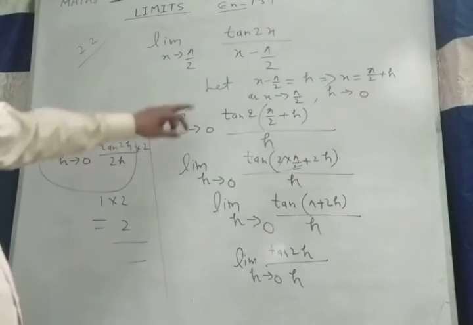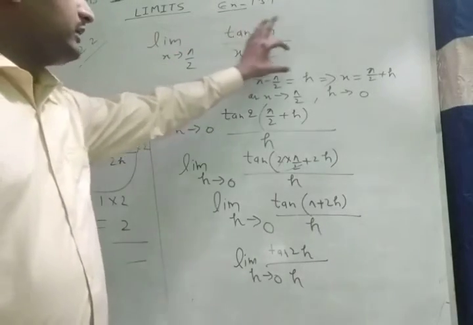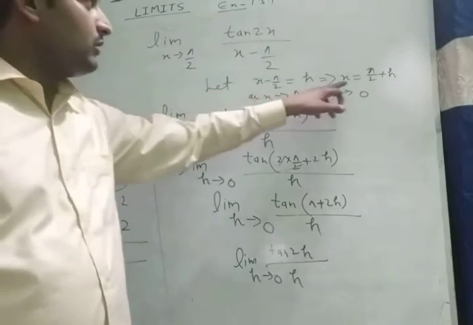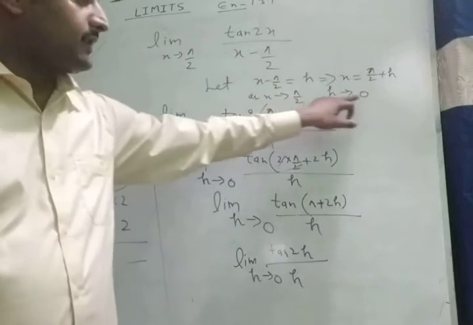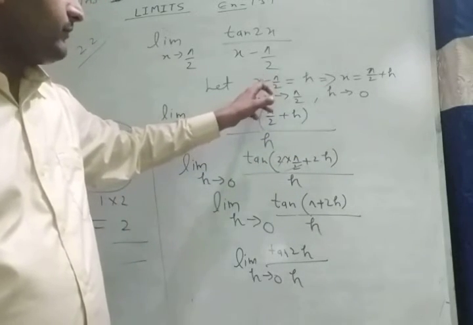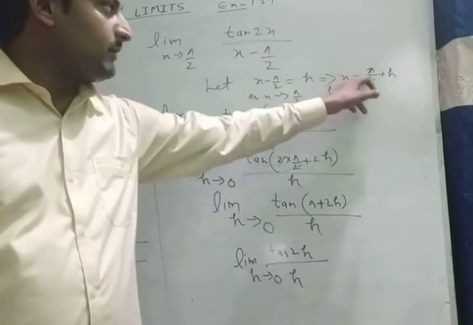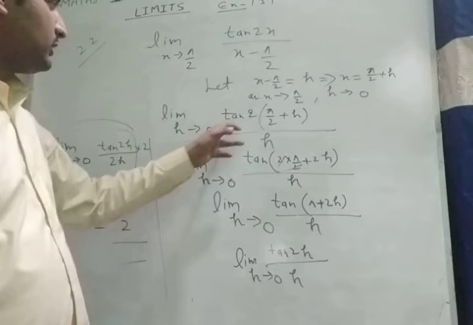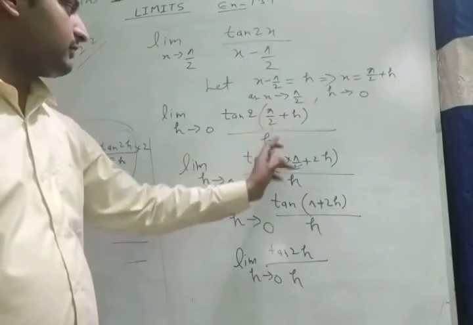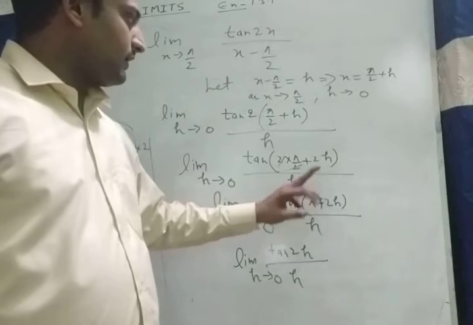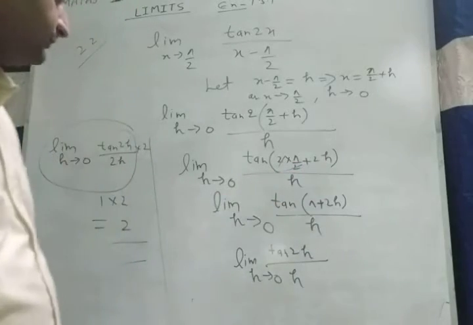Now see, once again we have taken this quantity h. If we are taking the limit x is equal to pi by 2, we are getting what? H tends to 0. Now we get from here the value of x is pi by 2 plus h. Put the value in the limit. H tends to 0, tan 2 into pi by 2 plus h by h. Multiply this 2, we get 2 into 2, cancel, pi plus 2h.